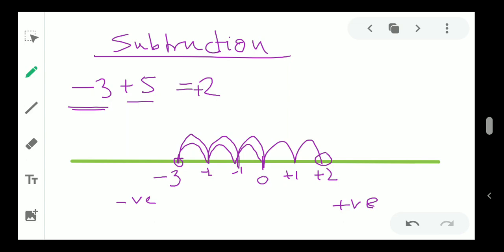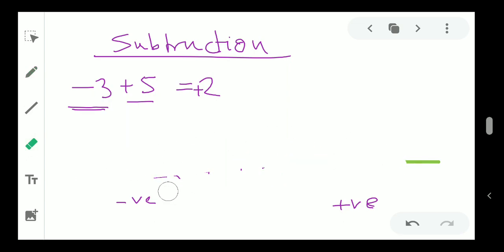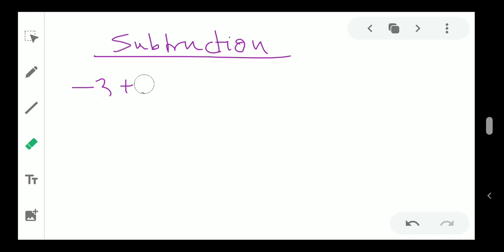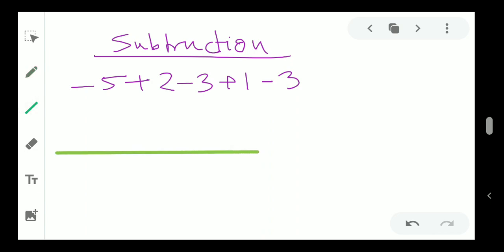Okay. So if we talk about a little bit harder problems, in that case we can do this thing again. Let me say that this time we have minus 5 plus 2 minus 3 plus 1 minus 3 again. So now what we have to do, again you create a line like this, you put a 0 here.